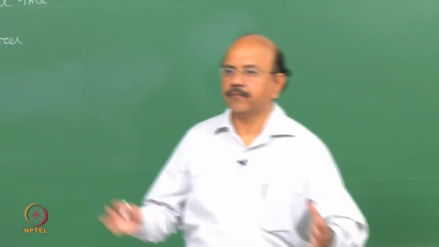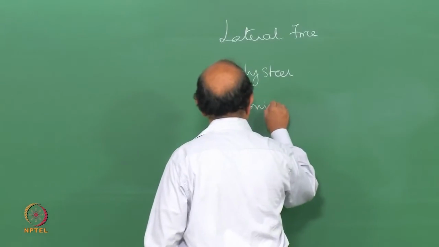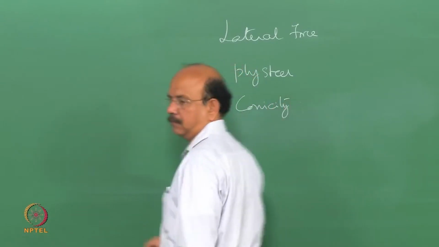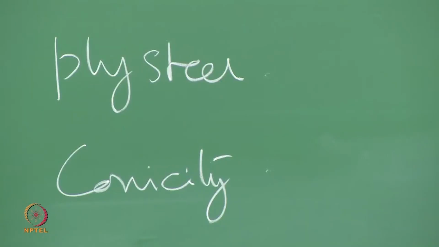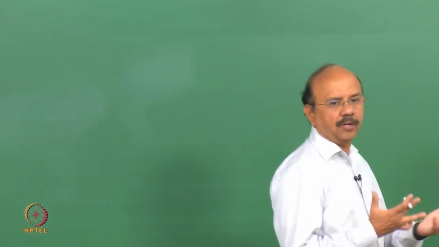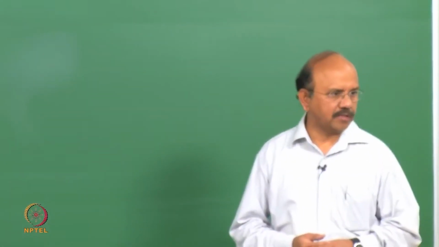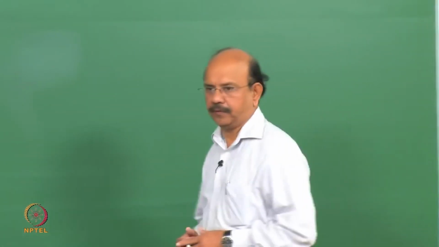The other one which we saw is called conicity. We said that conicity is basically because of the unsymmetric geometry that results when a tire is inflated, for example, due to a belt shift.